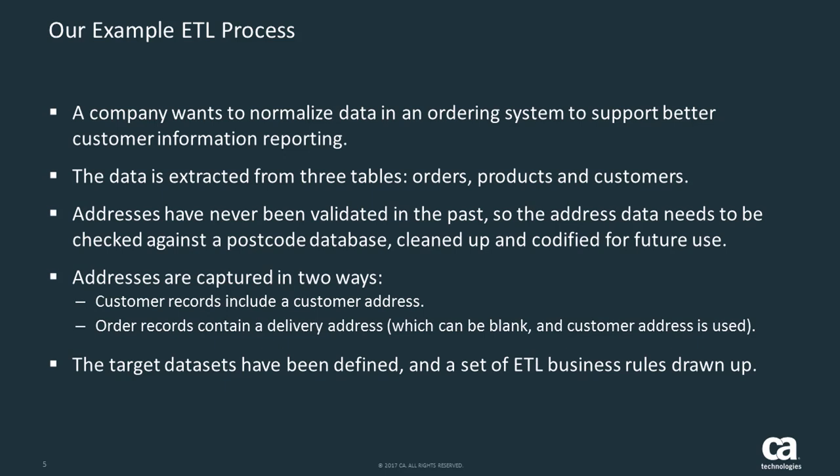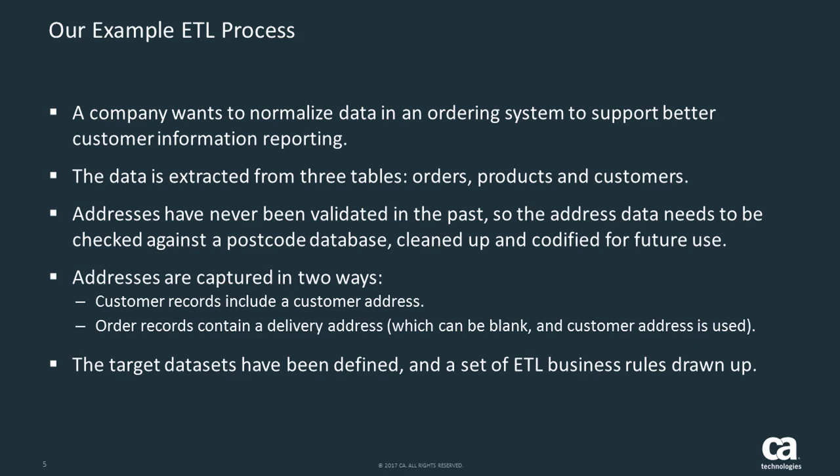Now, the addresses in the customer details and the addresses in the order details were never validated, so they were just free text, if you like. So the address data, we need to clean that up and match it against a postcode database to get accurate address information.